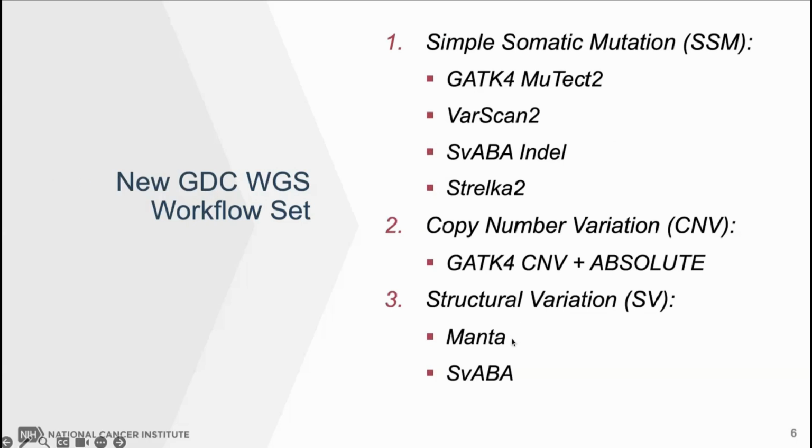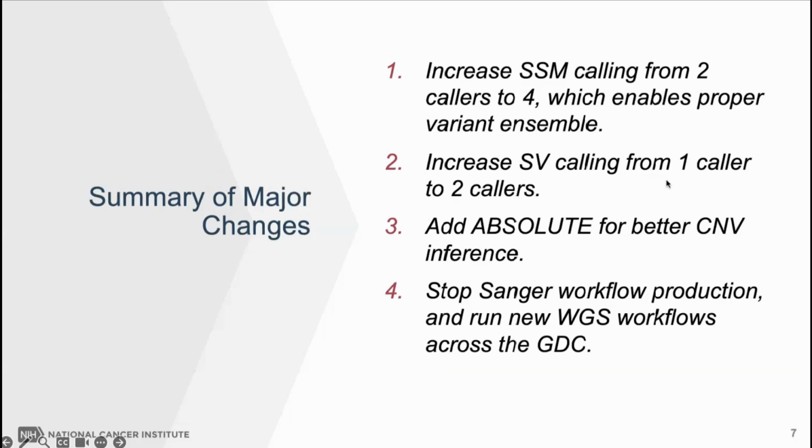Just to bring to your attention, Manta and Strelka2 come from the same pipeline, as well as SvABA and SvABA indel. The major changes here are that we're increasing the SSM calling from two callers, so that was just Caveman and Pindel, to the four that we mentioned before. This enables us to have a proper variant ensemble and more support for variants that are called from each.